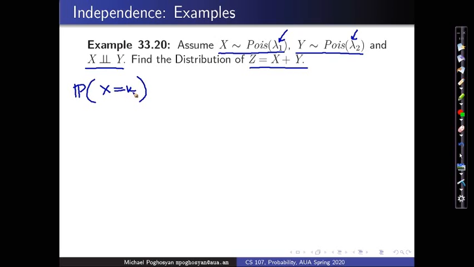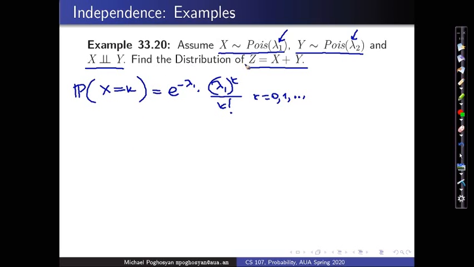So x is taking the value k, where k can be 0, 1, 2, etc., with probability e to the minus lambda 1 times lambda 1 to the power k over k factorial. K is running from 0 to infinity. And for y, I need to change to lambda 2.